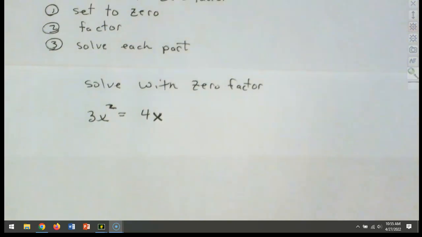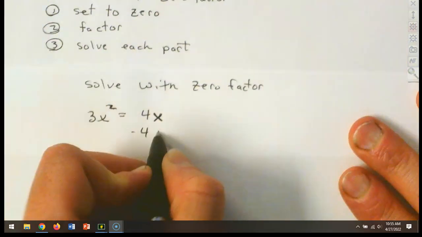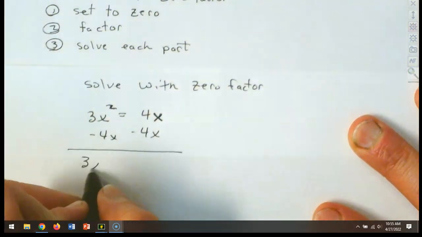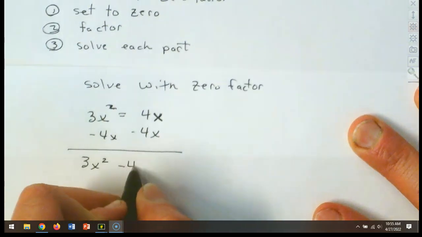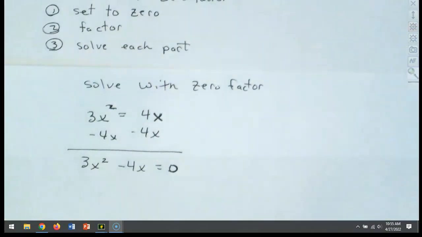So the first thing we do, step number 1, is set to 0. So move that 4x over. Now I tried to make this one very, very easy to solve and work through. We're going to be using zero factor. So it's been set to 0.